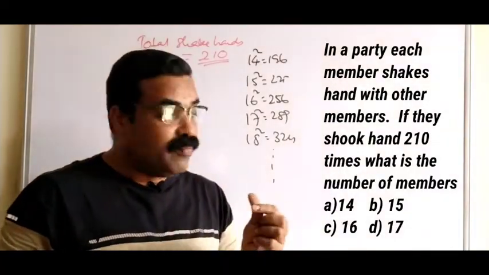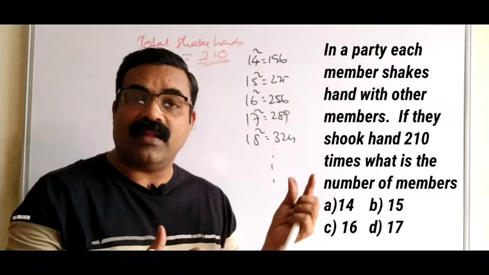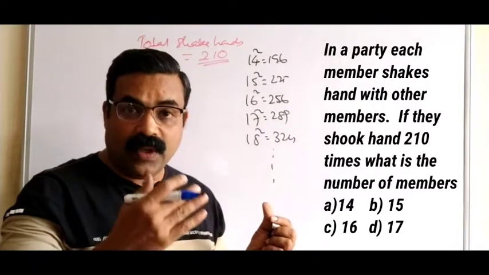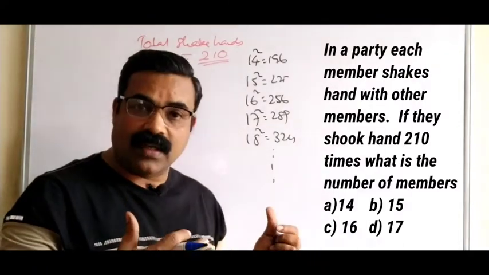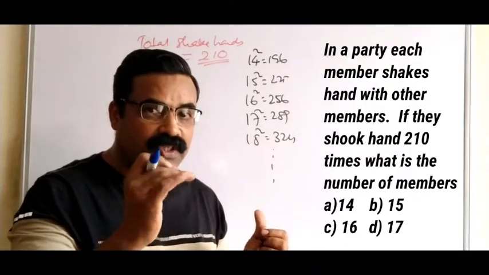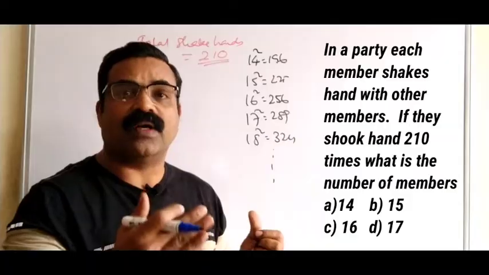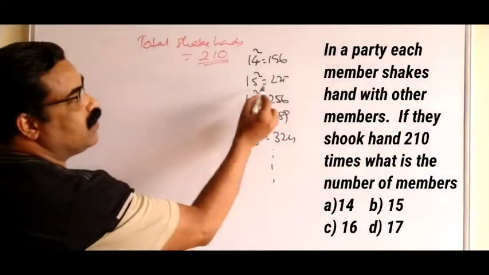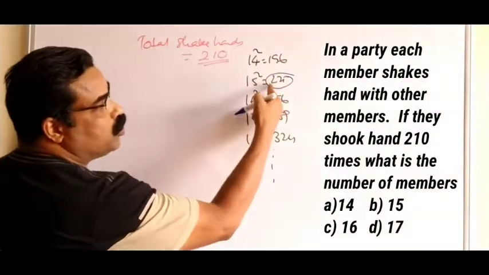Why 210? Because 210 shake hands are there in the party. It is given in the question, after 210, what is that perfect square which comes immediately after 210? After 210, this comes 225.